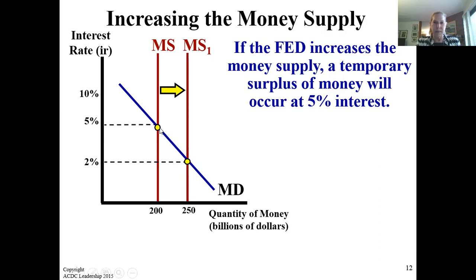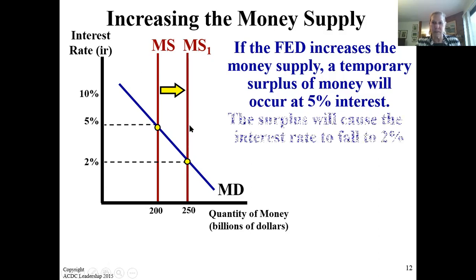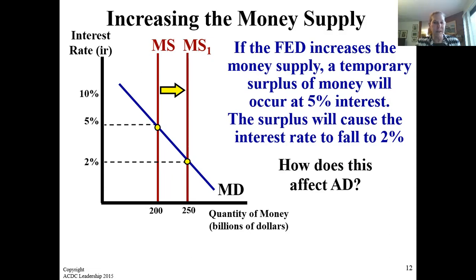Okay, so what happens is, extrapolate 5%, you have a temporary surplus. The surplus will cause the interest rate to fall to 2%. How does this affect aggregate demand, you might ask? Increase money supply.